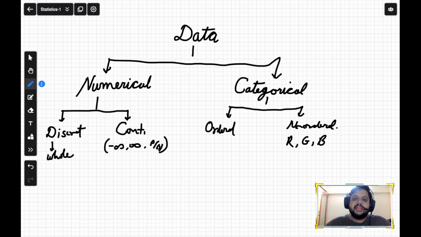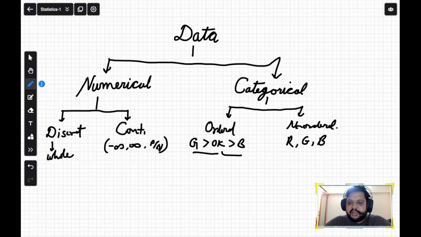But whenever we go to a restaurant and the person asks us about the rating, maybe they are asking for the rating like good, okay, or bad. Now we know, even though there is an order, they don't have any number associated with that, but they definitely come within an order. Okay, so good is always greater than okay, and okay is always greater than bad. So in such a way, they have an order associated with that.